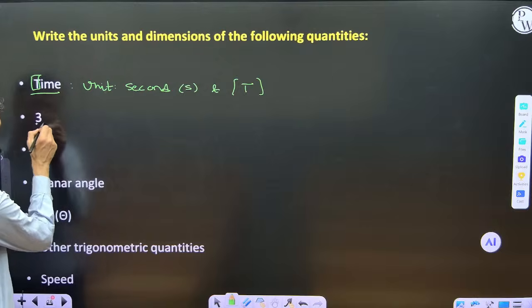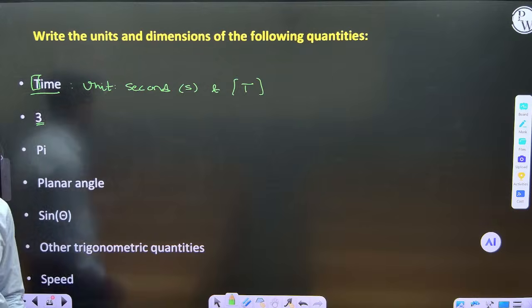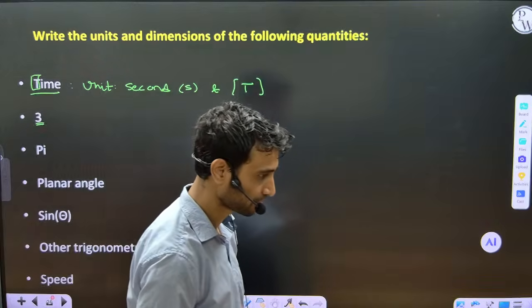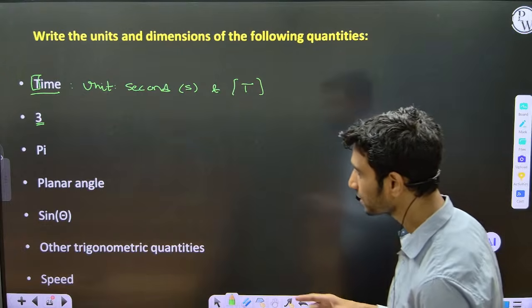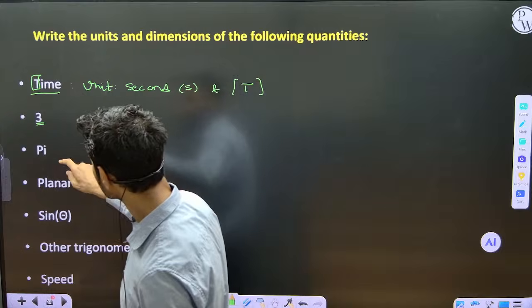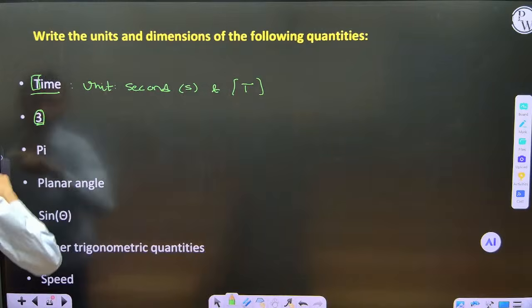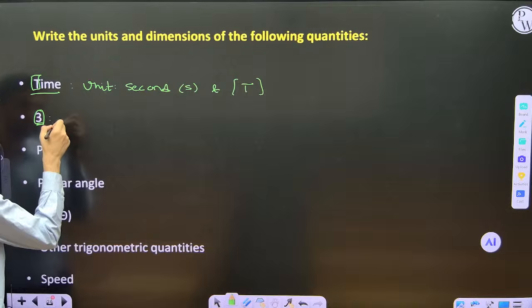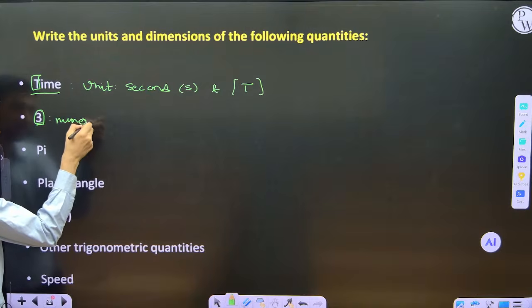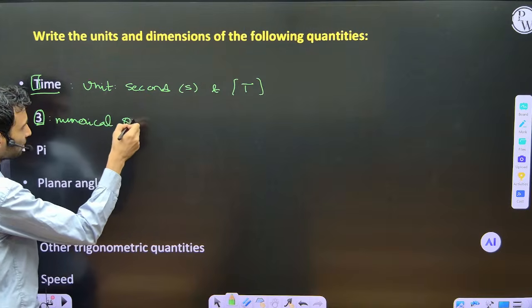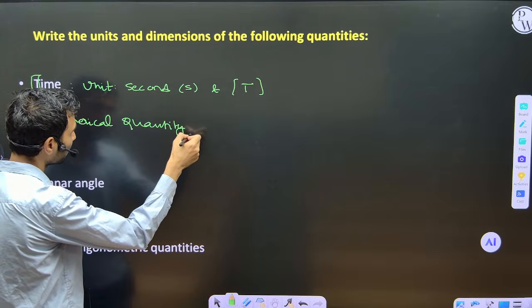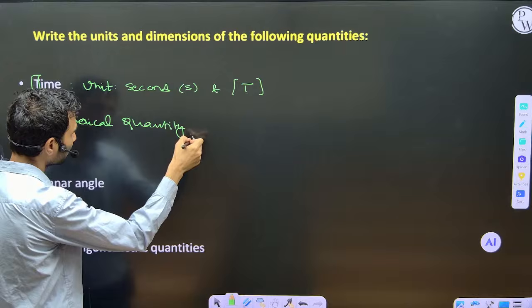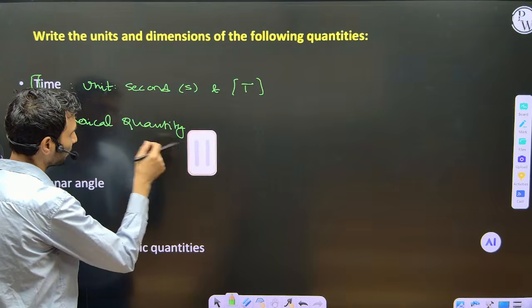What will be the unit of 3? Unit of 3 will be what? So 3 is just a number, right? There is no unit associated with it. It's just a numerical quantity, right?